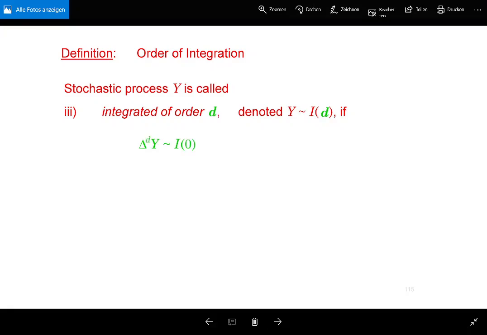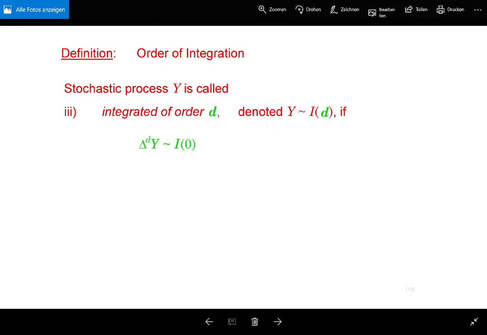Usually you don't go that far. Most of the time it's integrated of order 0 or 1, maybe 2. In the empirical literature you don't go beyond that most of the time. There are exceptions though, but let's say in 90-95% of all cases you don't have a high order when it comes to integration.